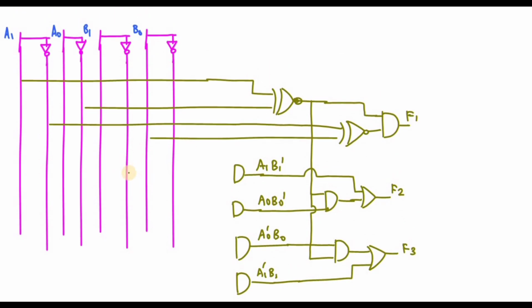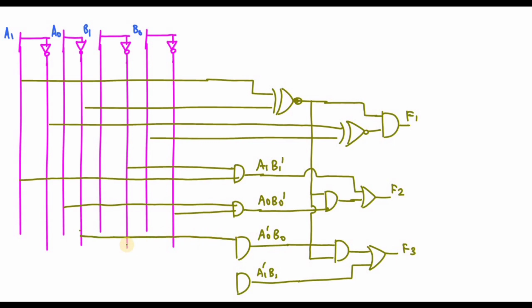So B1', you have to connect it here, right? This is your B1'. A1, you have to connect it here. A0, this is your A0. And this is your B0'. A0', this is your A0'. This is your B0. And this is your A1'. And this is your B1. So if you see A0' B0, it is multiplied with this one and gets added with this one to get the answer.